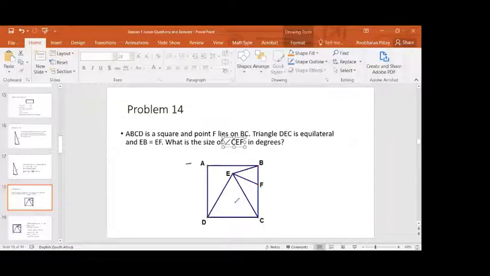So this large triangle here, all the sides are equal, all the angles are equal to 60 degrees. And EB equals EF. So this thing here is an isosceles triangle. The question is, calculate angle CEF.